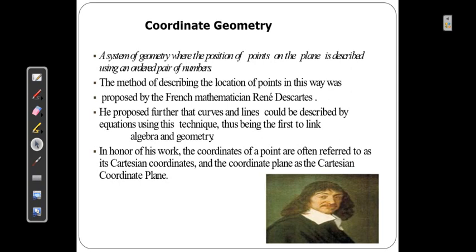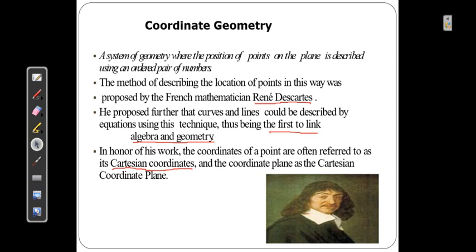A scientist's name sometimes matters because if you go through the details of the scientist, you can learn many new things. He proposed further that curves and lines could be described by equations using this technique, thus being the first to link algebra and geometry. In honor of his work, the coordinates of a point are often referred to as what? Cartesian coordinates, and the coordinate plane as a Cartesian coordinate plane.